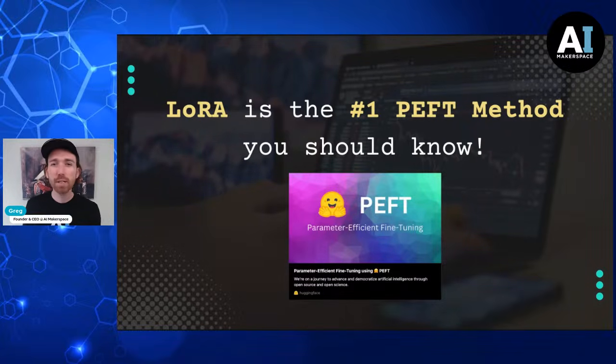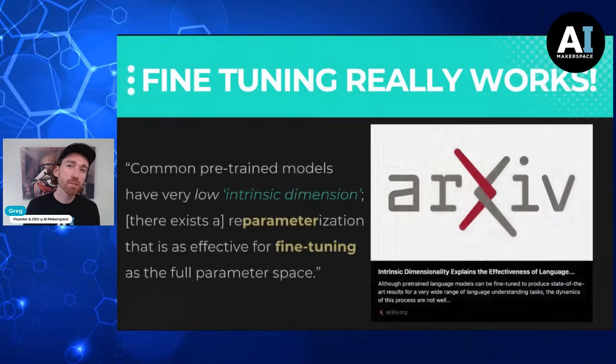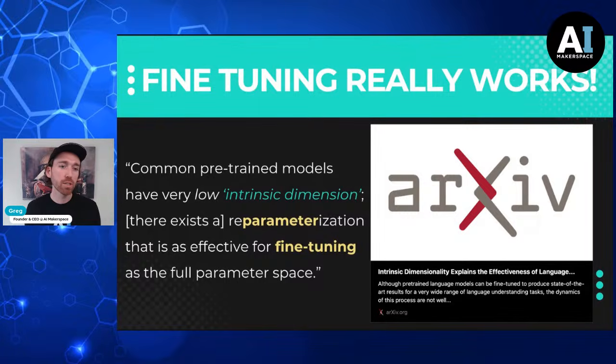But what's really going on in LoRA, and what's the intuition behind why it works? Well, the intuition for LoRA is similar to the intuition behind why fine-tuning works. We have these pre-trained models, and not everything within those models really matters the same amount. They have a low, quote, intrinsic dimension.